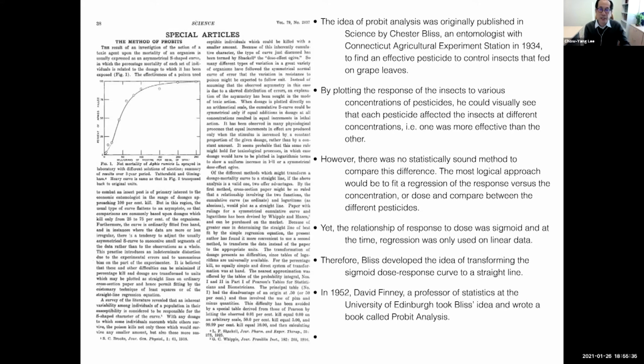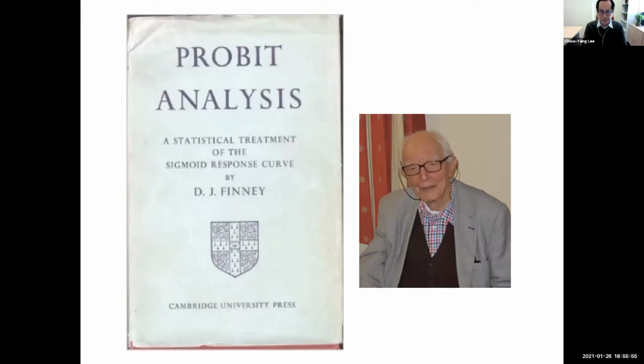So Bliss developed the idea of transforming the sigmoid dose response curve into a straight line. It was not until the 1950s that David Finney, a professor of statistics at the University of Edinburgh, took Bliss' idea and wrote a book known as Probit analysis that we use today.